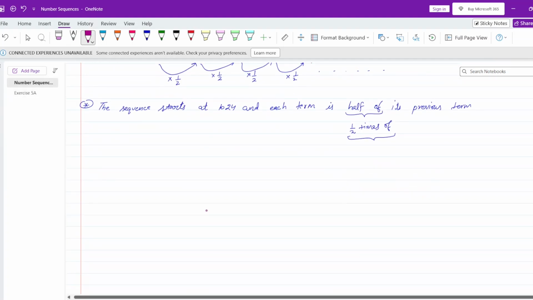In number sequences, there is one more concept that you need to know.